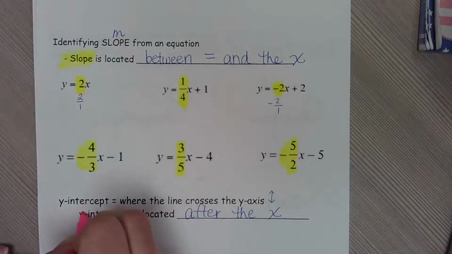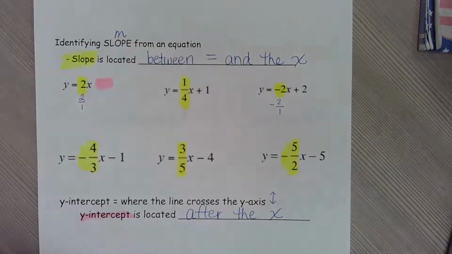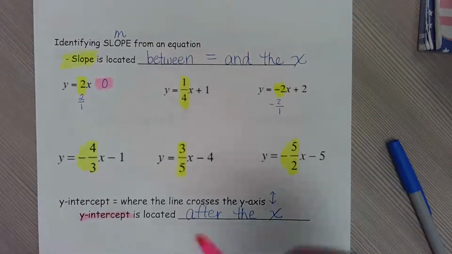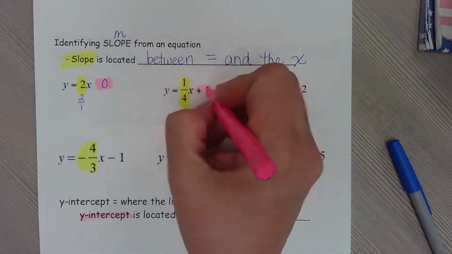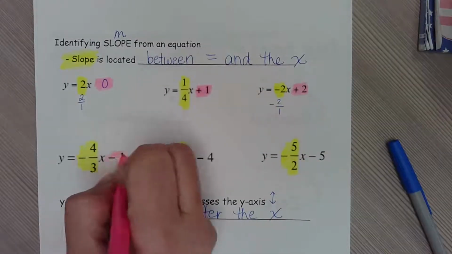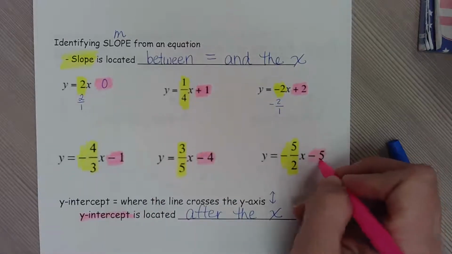So the y-intercept, and this one, what's after the x? Nothing. So guess what the y-intercept is? 0. And this one after the x, positive 1, positive 2, negative 1, negative 4, negative 5.